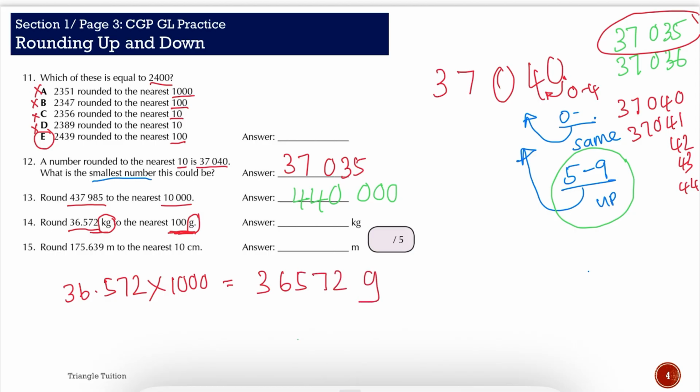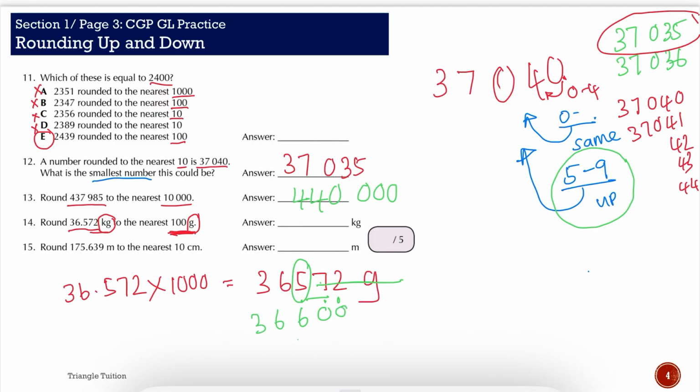So the answer is 36,572 grams. Now what we need to do is round to the nearest 100. So this is ones, tens, hundreds. Let's circle the place value. Then check the next door. This is 7. This makes this number jump up. Then cut the remaining.